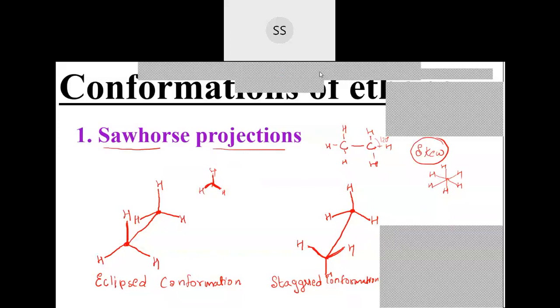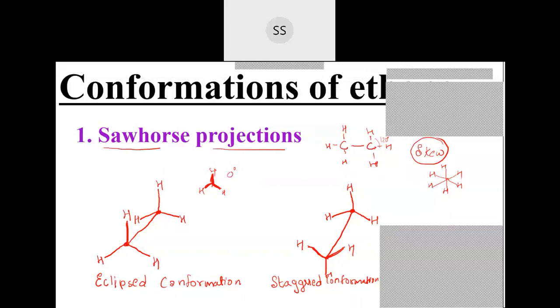In this eclipsed case, the angle between them: if you are going to see this angle between this hydrogen and this hydrogen, there is no angle, correct? The behind hydrogen and the front hydrogen get covered by each other. So the angle between them is 0 degree.